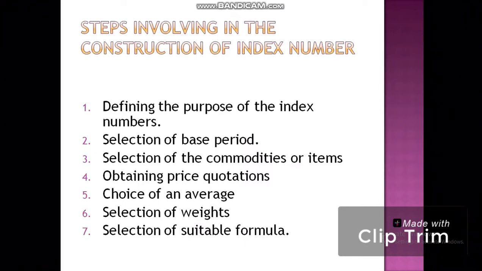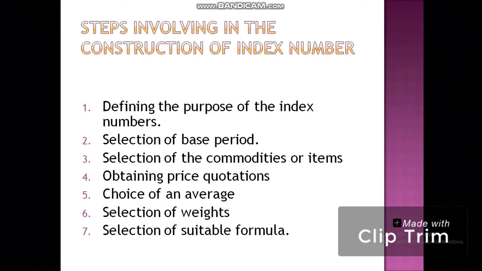The next step is the choice of an average. Generally, we'll use arithmetic mean and geometric mean in the construction of index numbers. Suppose we want a more accurate and more precise index number, then we need to use geometric mean.